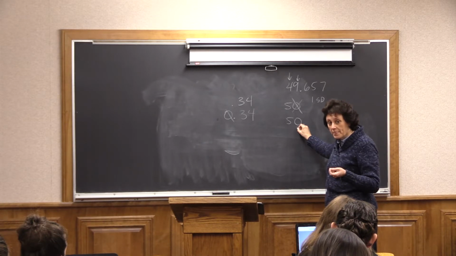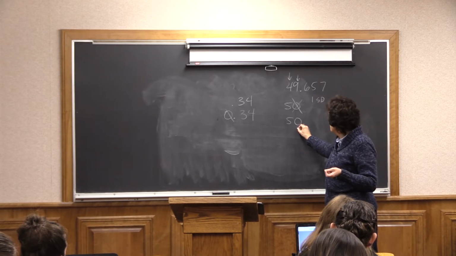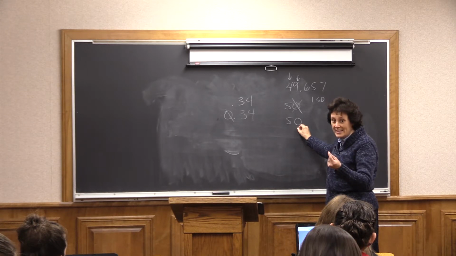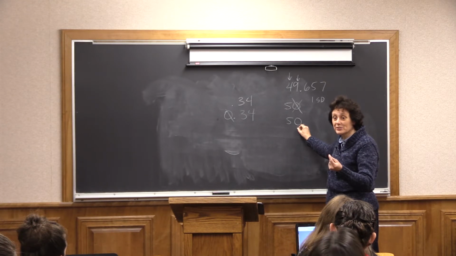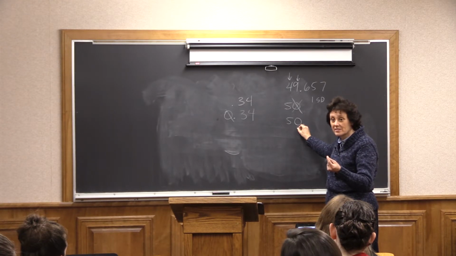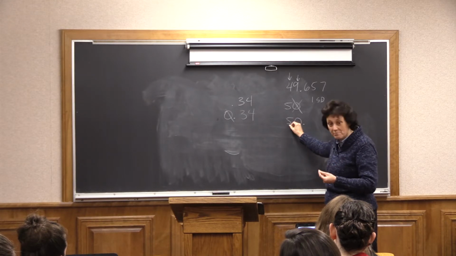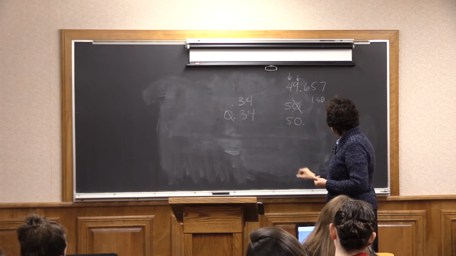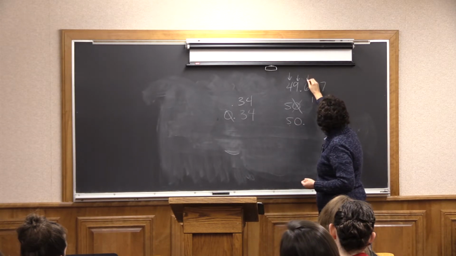Okay? But, listen for a second, is it precise to the nearest ones? No, because I had to flip over and go to the 5. Okay? What if I told you to round to the nearest 10th?